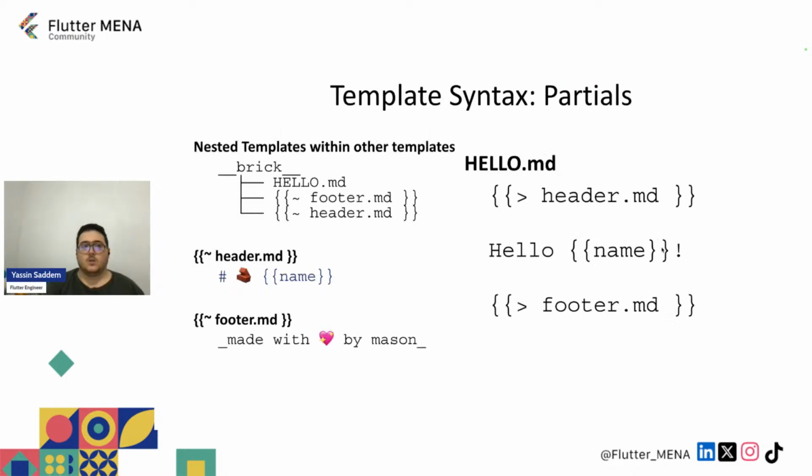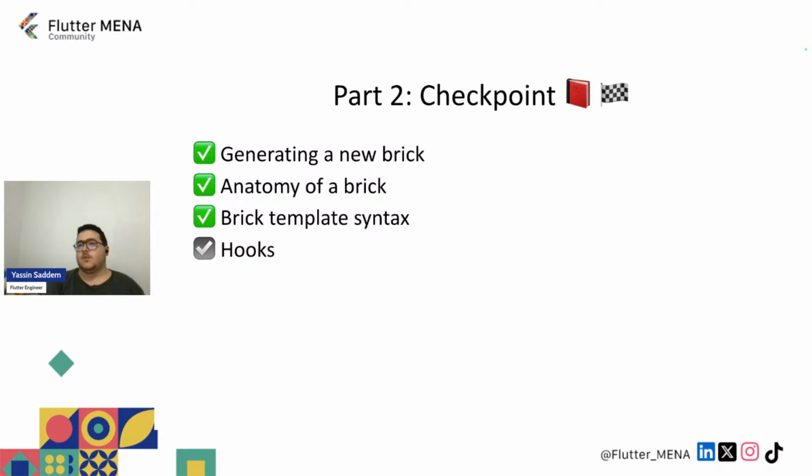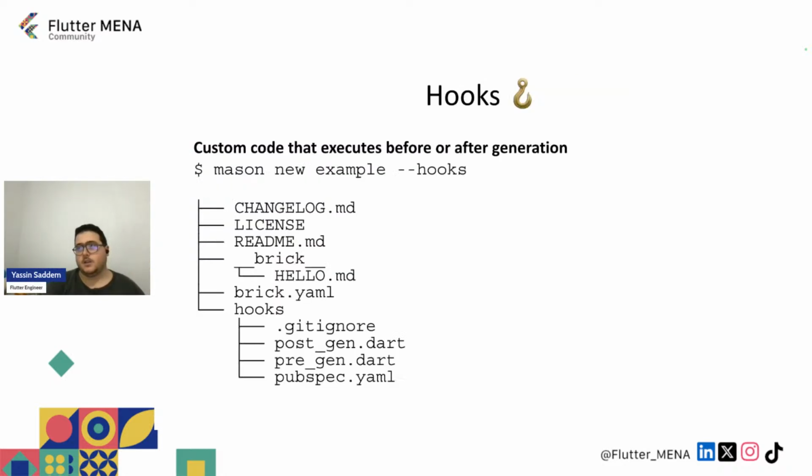Very well. We already have 1 hour, 4 minutes, and there is another part that I should talk about, and this is how to generate the structure, code, etc. And there is another good part in Mason bricks that we call hooks. So what are hooks?